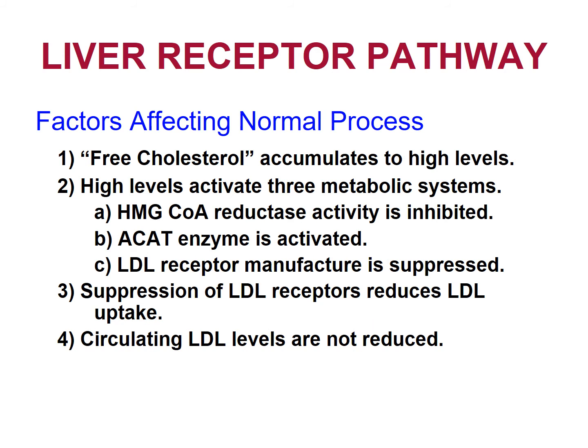But at a certain point, obviously, the liver cell can only take in so many LDLs because they get filled with free cholesterol. And so when you get these high levels of cholesterol, then some things are going to be turned on and things are going to be turned off.